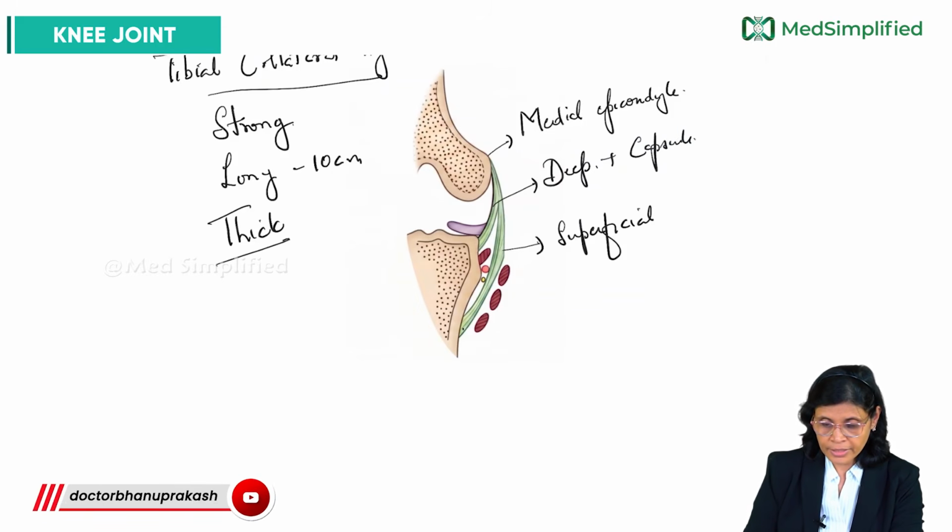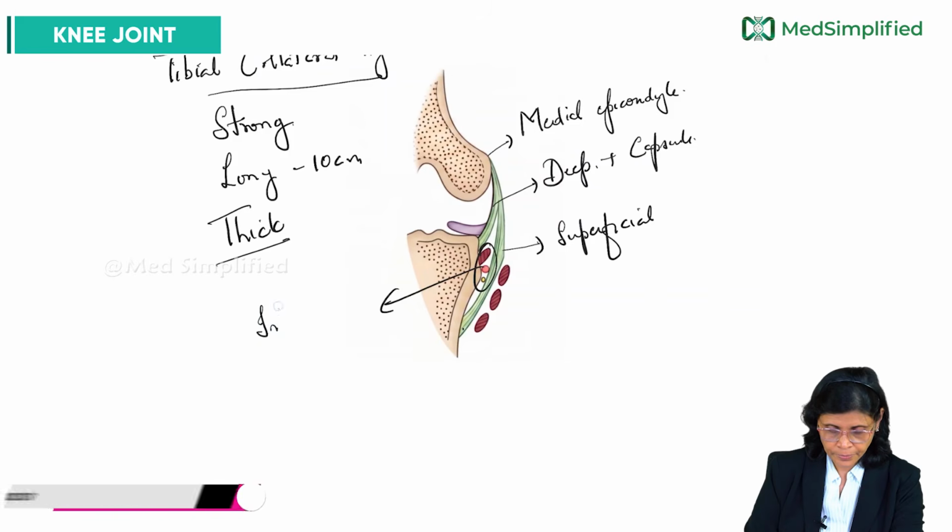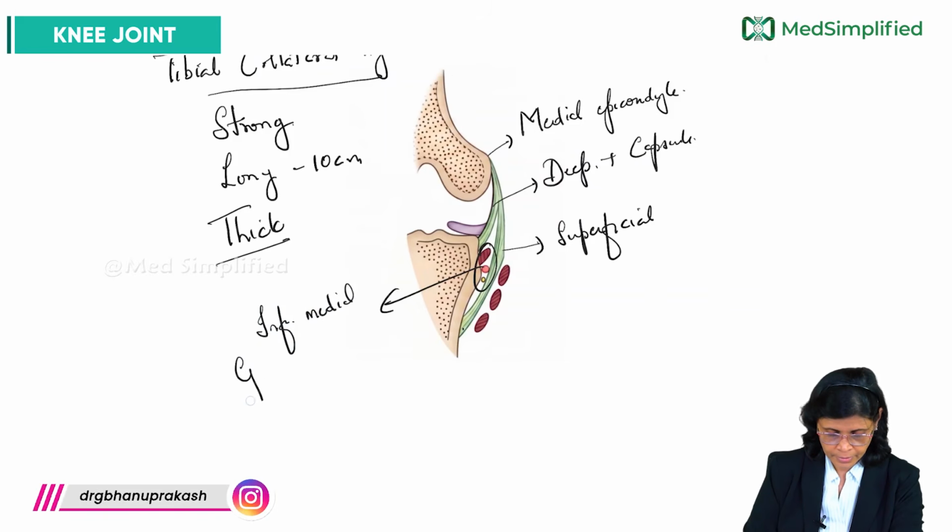So between that, you can see here this superficial band will be covering the inferior medial genicular vessels and nerves. So these are the inferior medial genicular vessels and nerves.